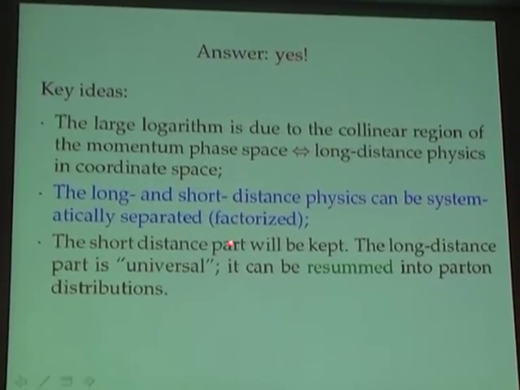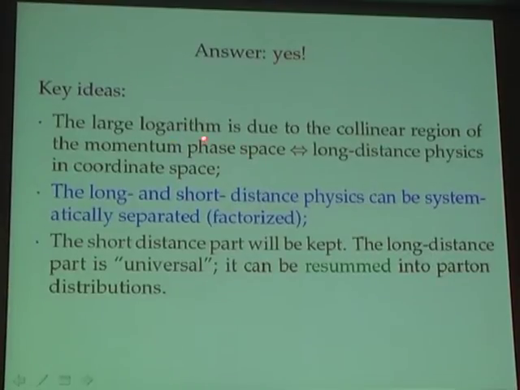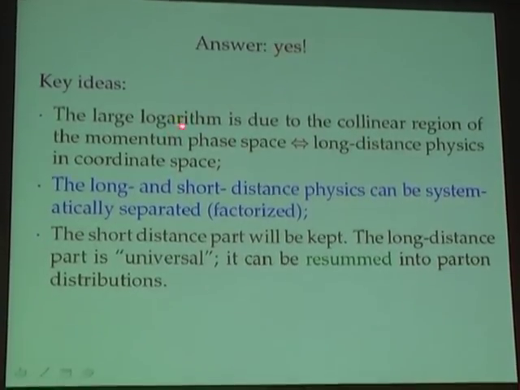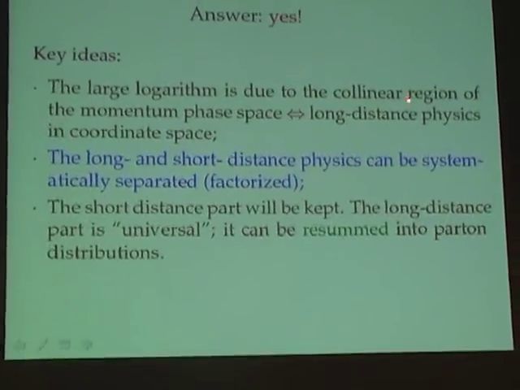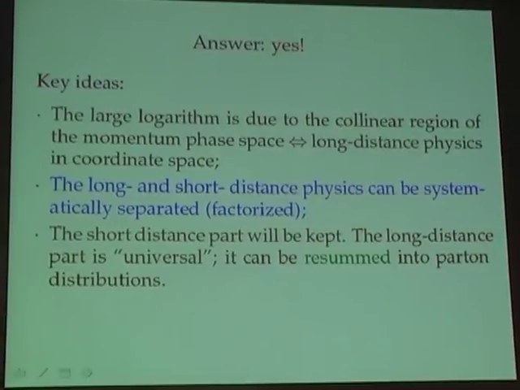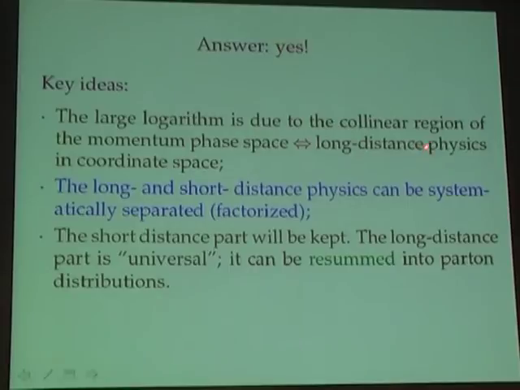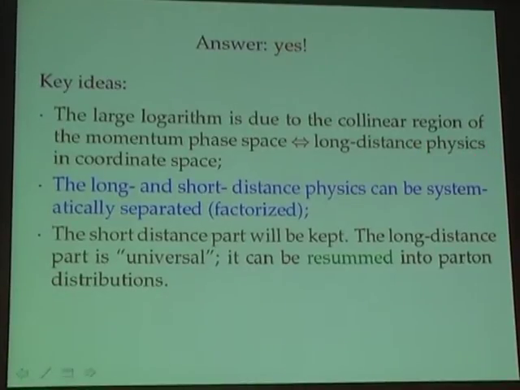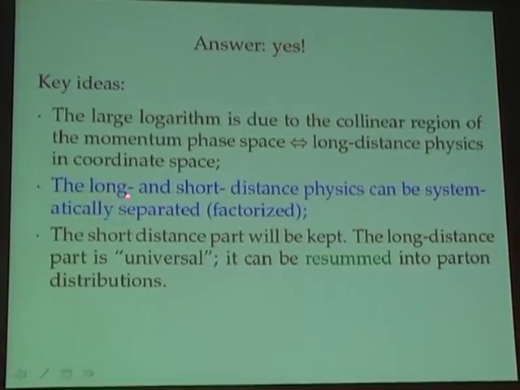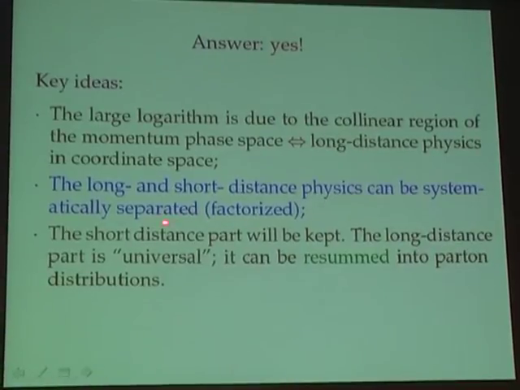The key idea involved is that even if you have seen this large logarithm, upon closer examination, you can find that this large logarithm is due to the collinear region when you do the calculation in the momentum space integration, which of course corresponds to long distance physics in coordinate space. And the long distance and the short distance physics can systematically be separated. That is the key idea.